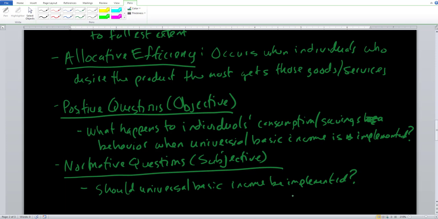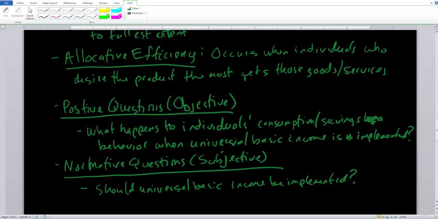So there are a lot of people that believe that yes, we should have a universal basic income, while there are also a lot of people that don't believe we should have a universal basic income. And this is where the government is going to come into play, and this is where they are going to answer this normative question, where economists really don't want to answer this right or wrong answer. There's really no right or wrong answer in terms of these normative questions.